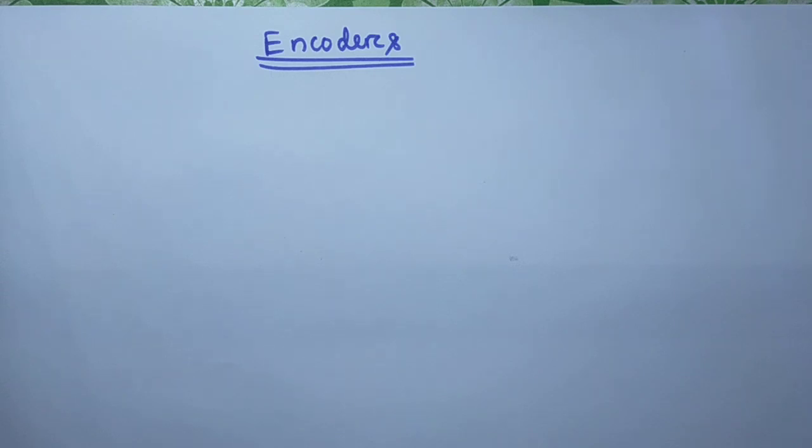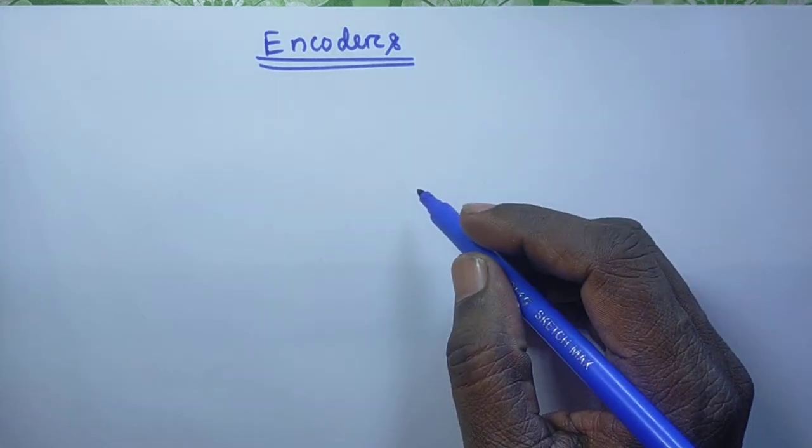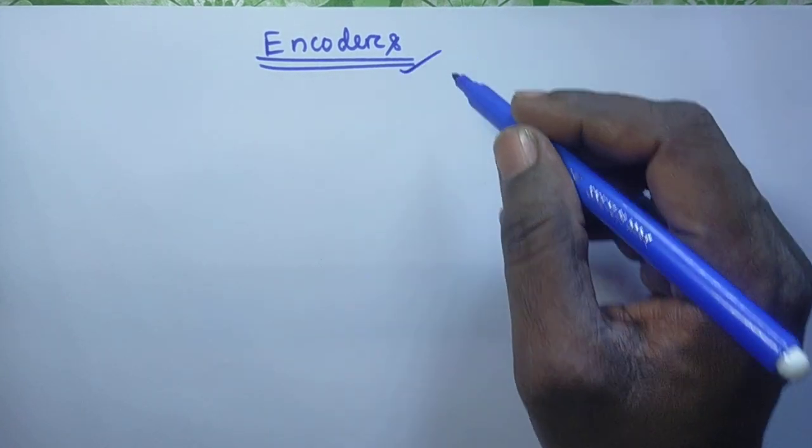Encoder is the reverse construction of decoder. If we understand how to design a decoder, it is very easy to construct an encoder. Now we will define these encoders.